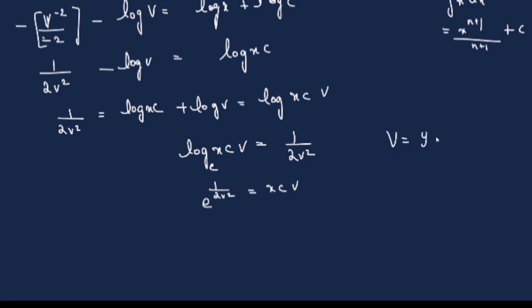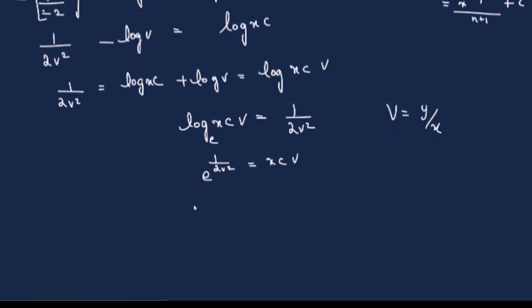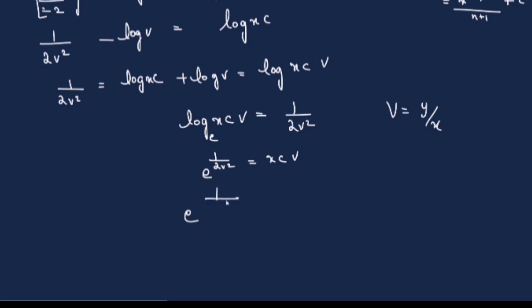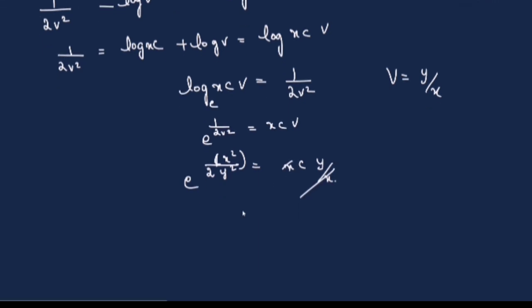V you put as y by x. So this will become e to the power 1 by 2 into y square by x square is xc into y by x. So x and x you cancel it. So you get e power 1 by 2 x square by y square is yc.